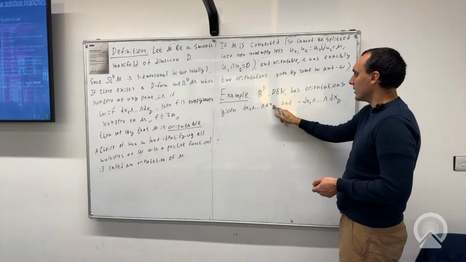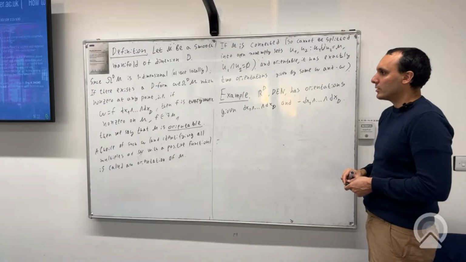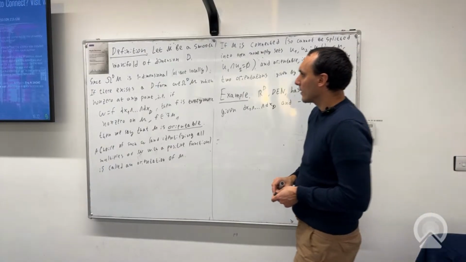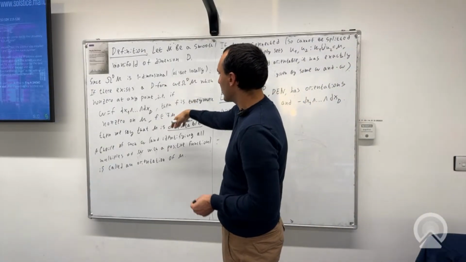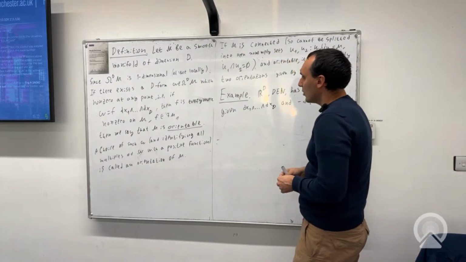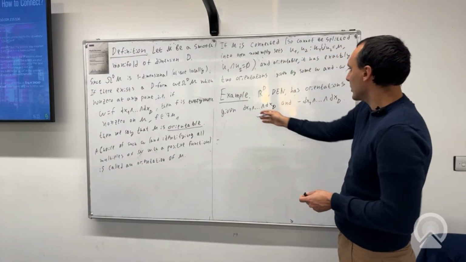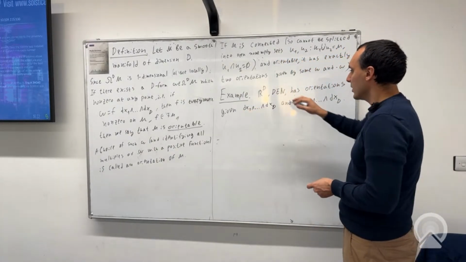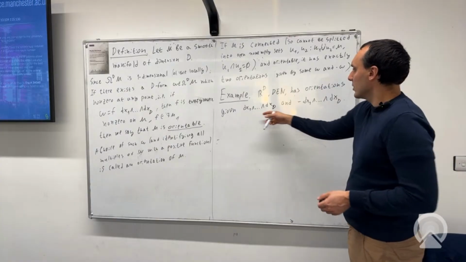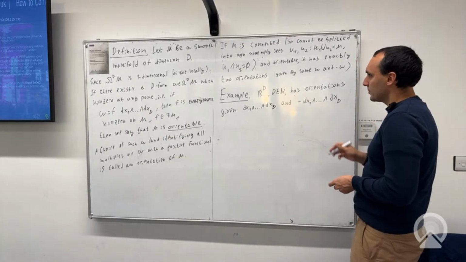So this is not that interesting, but it's how you orient. Because we have global functions on Rd, and we can do this form dx1 to dxd, and its negative.